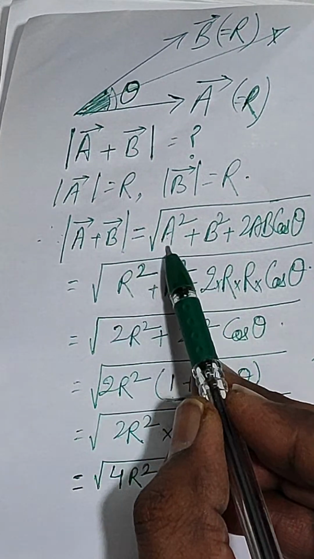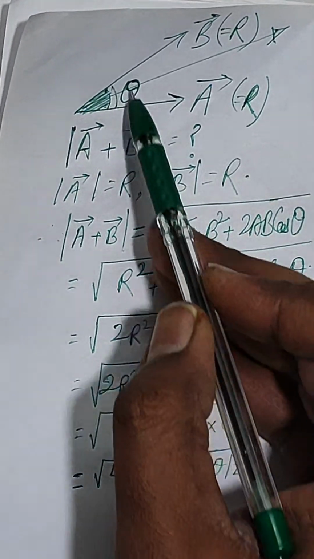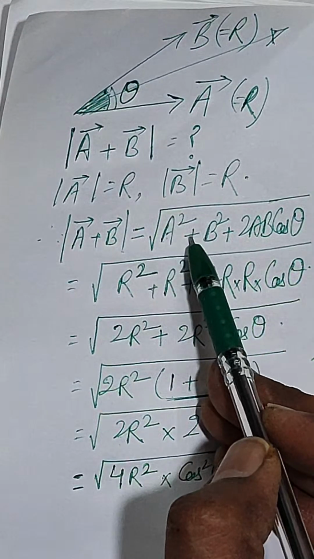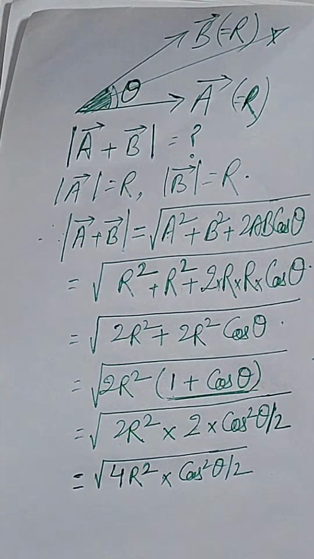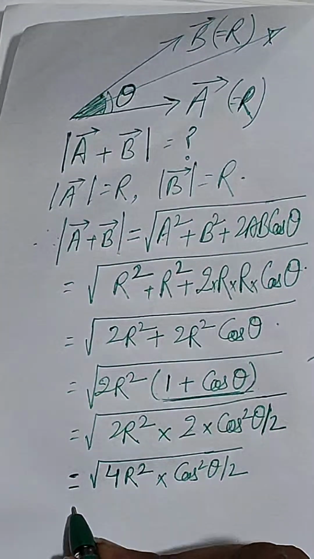Yes, this is the resultant formula of the vectors. If two vectors A and B, the resultant is root over a square plus b square plus 2ab cos theta, which we have taken and just put the value over here, right?